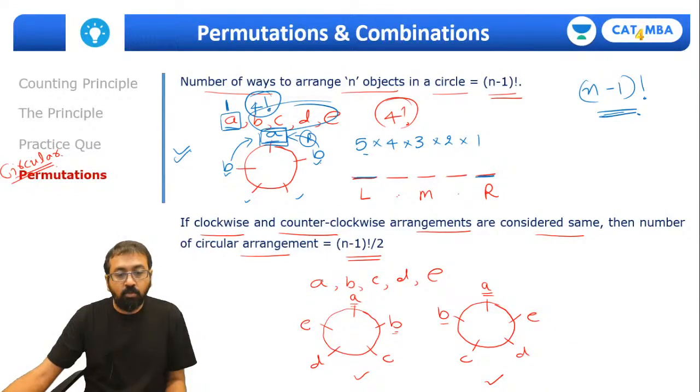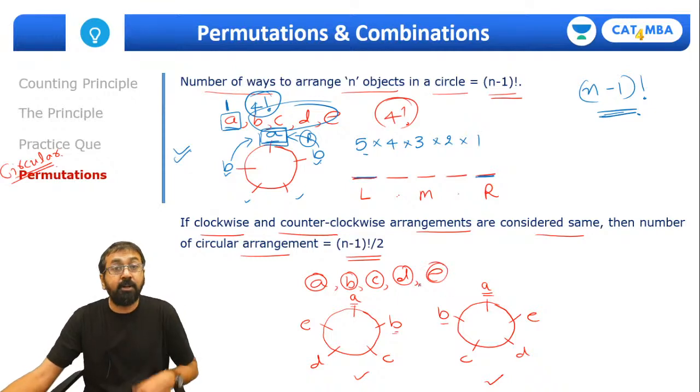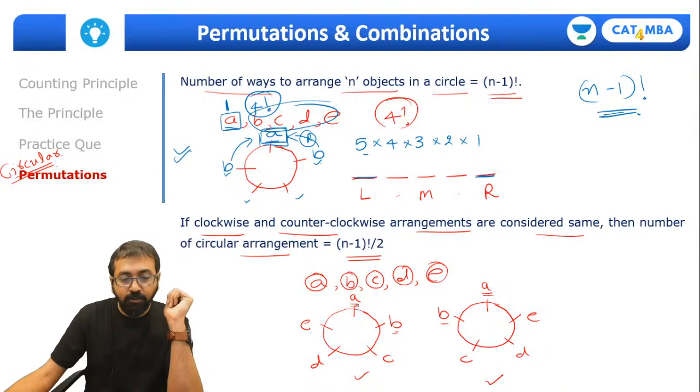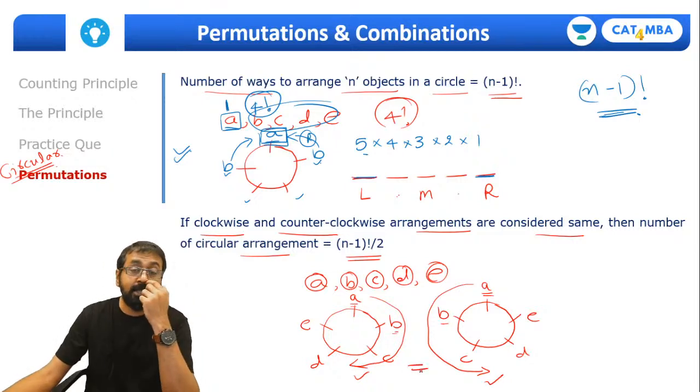But what if these 5, A, B, C, D, E, are 5 different color pearls? A is some color pearl, B is another color pearl, C, D, E are different pearls. Now if you make a pearl set like this, A, B, C, D, E, and another pearl set like this, can I say both of these are one and the same pearl set?